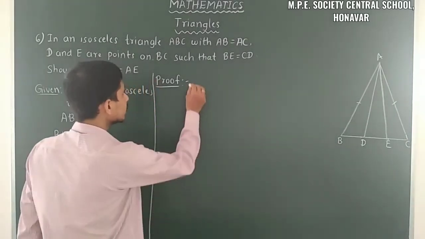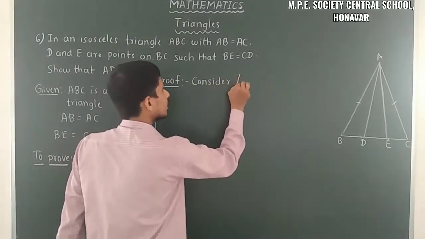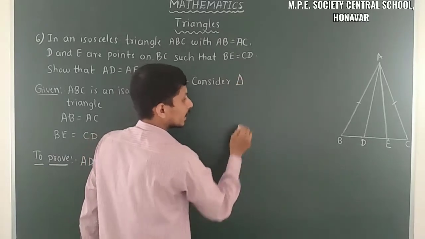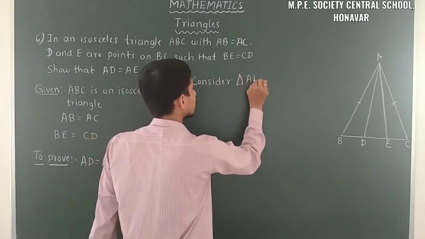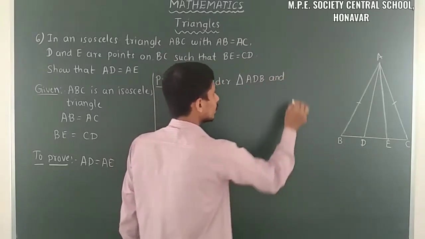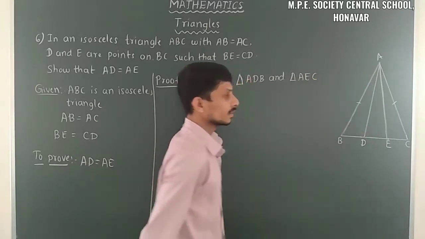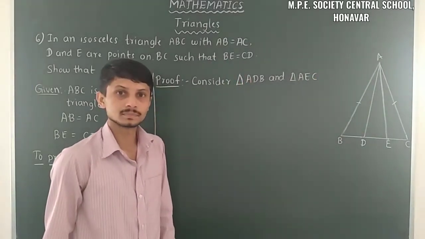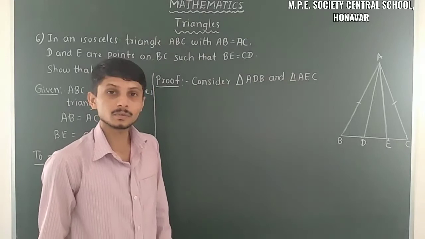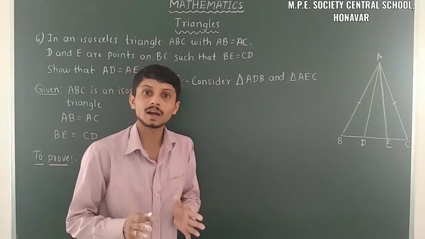So let us consider those two triangles, triangle ADB and triangle AEC. Let us take what are the possible equalities, what corresponding parts are equal.